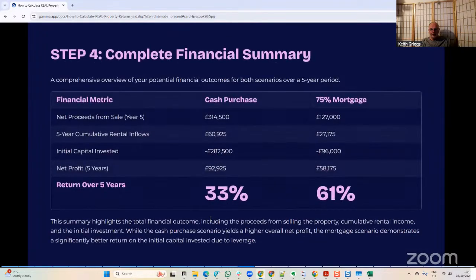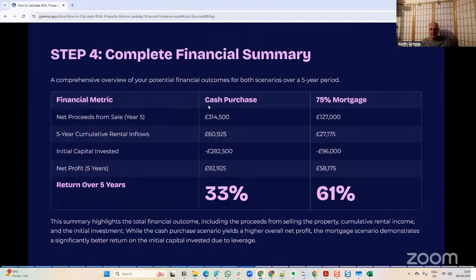Okay, so this is what we have in the two scenarios. This is your net proceeds. So you get this money in at the end of year 5. This is all your rental inflows for the 5 years. This was your initial capital invested. This was the net profit overall.